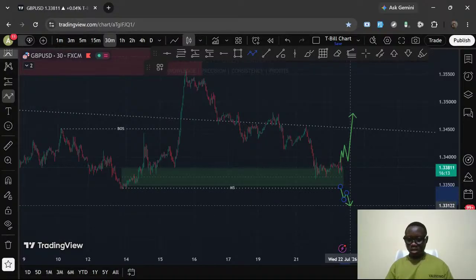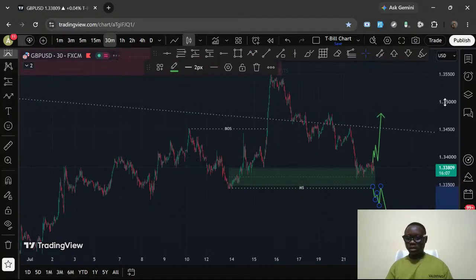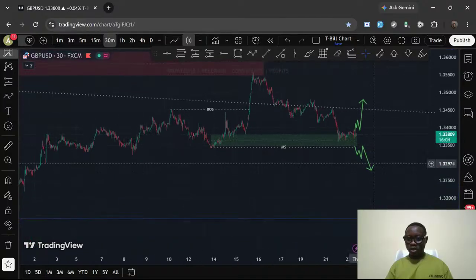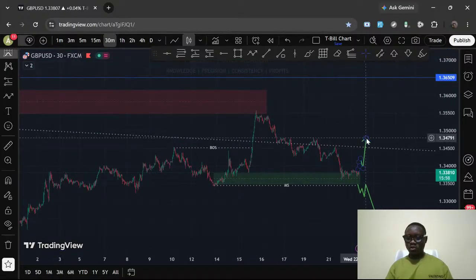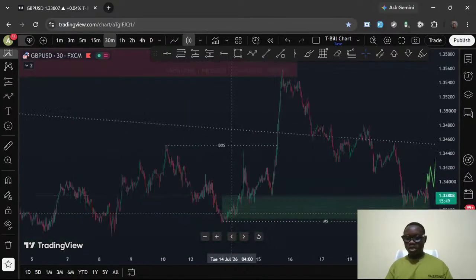Then I get my inducements and of course to the downside. Okay. And I want to keep selling until this sell side liquidity is taken out. And for this, we keep buying until this buy side liquidity is taken out. Okay. So this is my bias basically on GBPUSD.